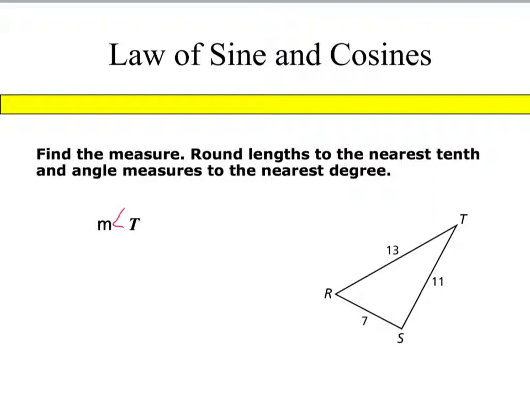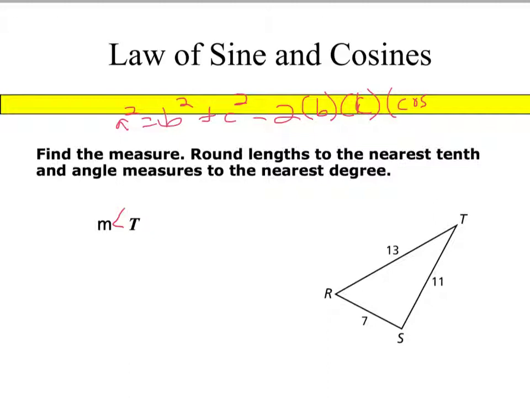So I take A squared is equal to B squared plus C squared minus 2 times B times C times the cosine of A.